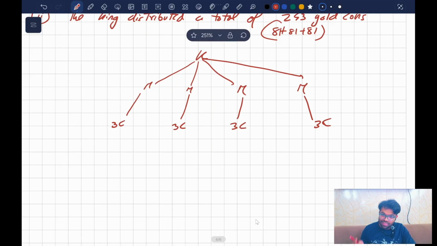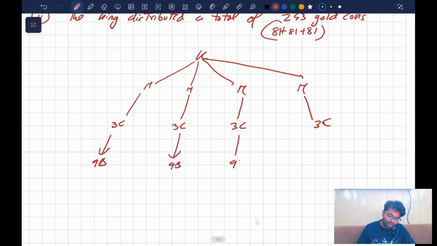So one chest contains 3 boxes, therefore 3 chests will contain 9 boxes. So 9 boxes for each of the ministers.